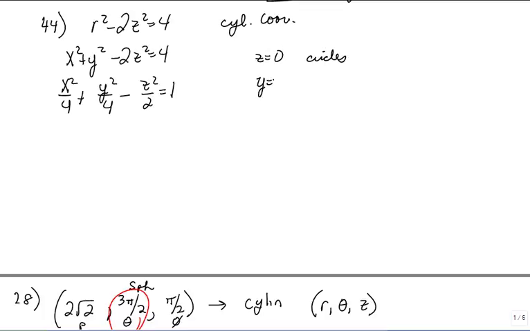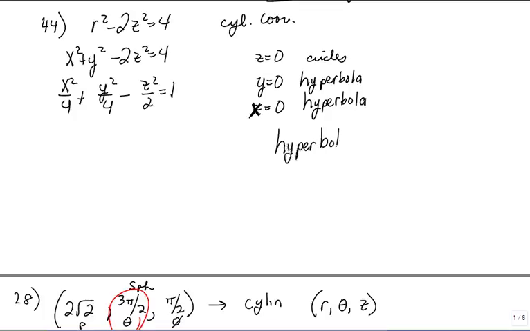If you let y equal 0, you get hyperbolas in the xz plane. And if you let x equal 0, you get a hyperbola in the yz plane. This is a hyperboloid of one sheet.